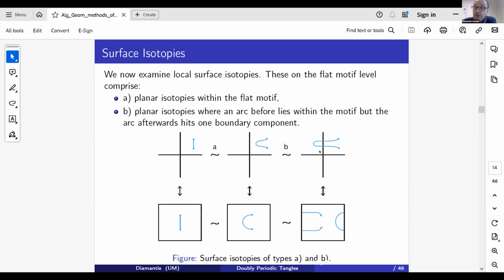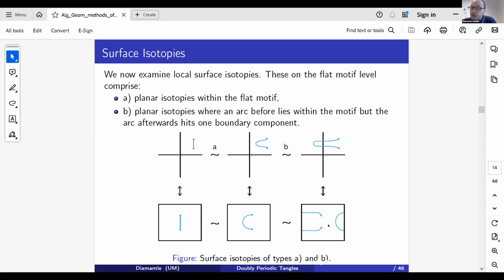You can touch a boundary, longitude or meridian, doesn't matter. Before the move is applied, you do not touch the boundaries, but after you apply the move, now you touch the boundaries. You can see how the figure in the middle becomes like the figure in the bottom right. So this cross here corresponds to longitude and meridian. One is the longitude, the other is the meridian.